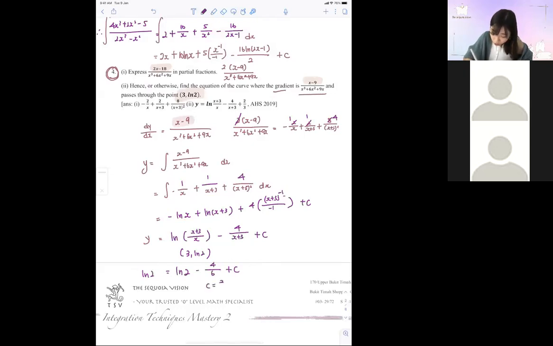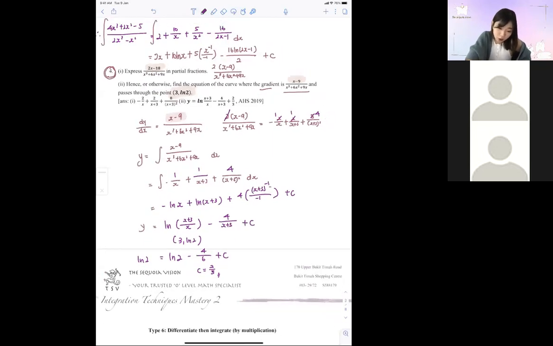So c is equal to 2 over 3. Once you found c, you sub c back. So this is your equation right here. Therefore y equals ln of x plus 3 over x, minus 4 over x plus 3, plus 2 over 3. That's it.